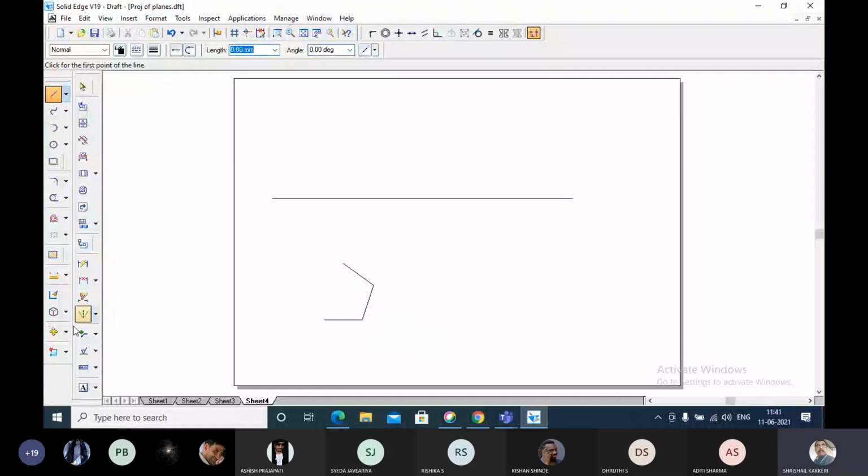Then go to mirror, hold control, and select this as a mirror point and the midpoint of this as a mirror point. But what I did, I had not selected retain the previous position. See, look here, you can retain it, take the end point, take the midpoint, and complete it.